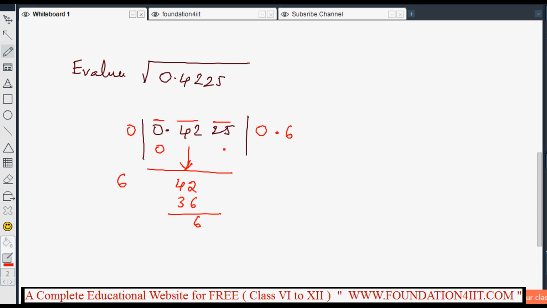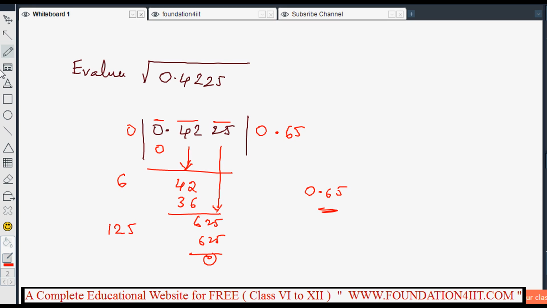Take the next set, 25. So 6 doubled is 12. After 12 again one more number. Now 125 times 5 is 625, giving 0. So 0.65 is the square root of 0.4225.